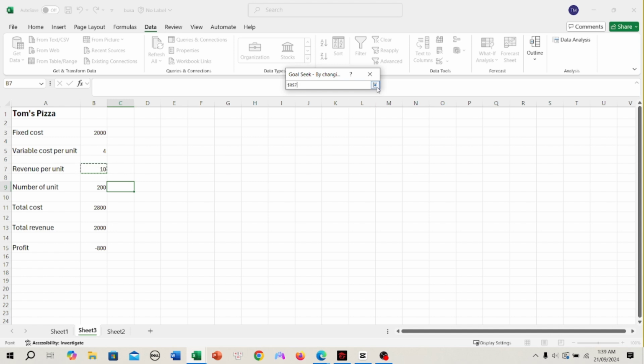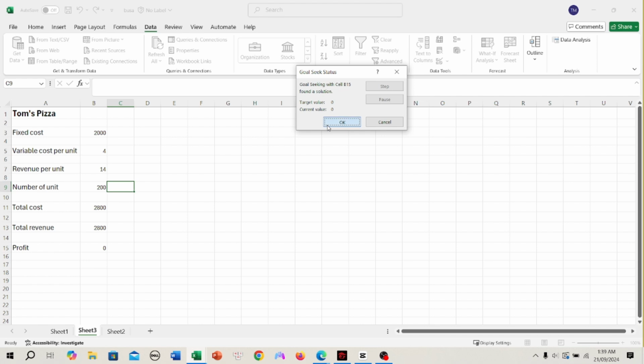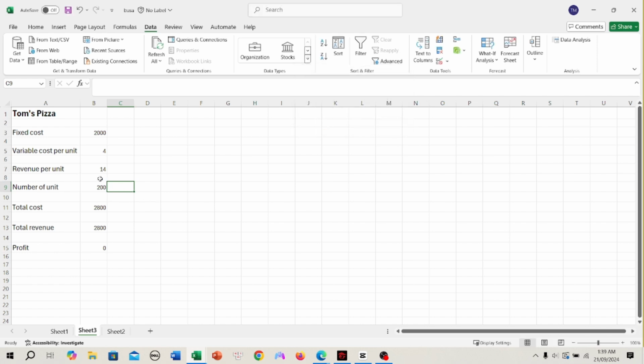Click on that and OK. So you can see here, to break even with 200 pizzas, Tom needs to increase his selling price per unit to $14.